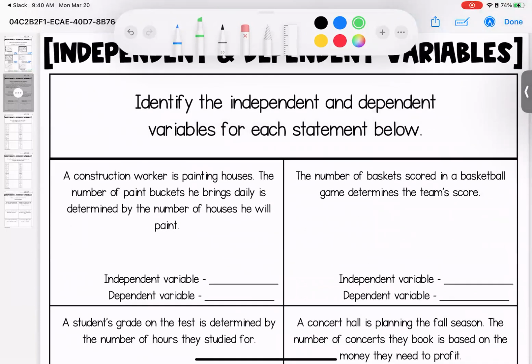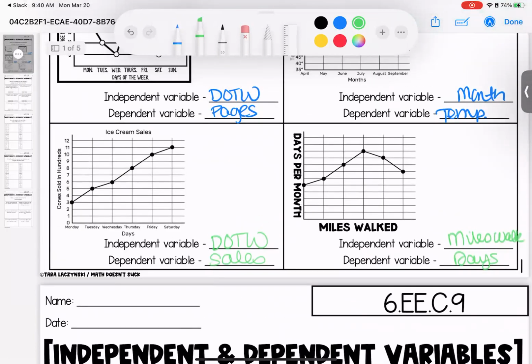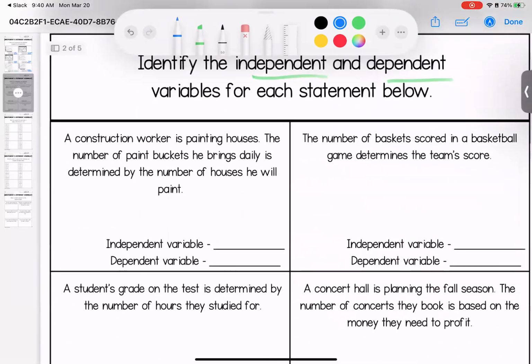All right, Nuggets, looking at the independent and dependent. Remember, the dependent relies on the independent. So the dependent actually, I'm thinking of these. These need to be flip-flopped. This should be the miles depends on the days per month. More days, more miles. All right, back to where we were.